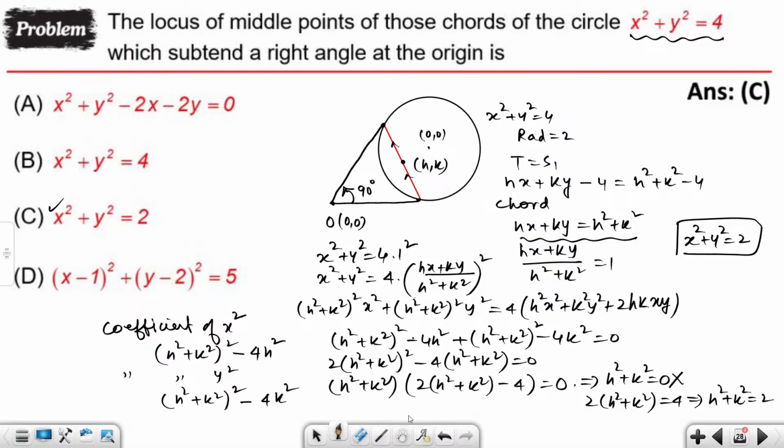I'm giving you a quick revision: whenever in the question they tell you that the pair of lines is making an angle, whatever, if it is 90 degrees, you are a blessed person, because we will directly get the answer.